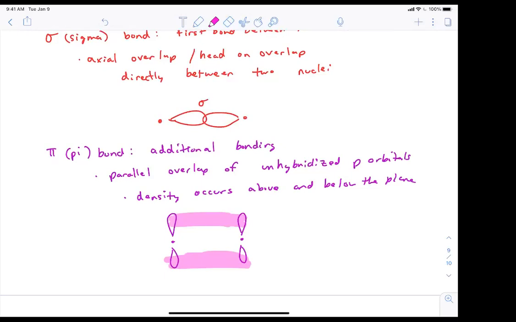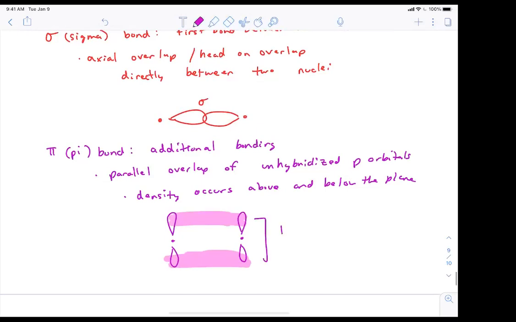So there's an electron density that's above and below the sigma bond that creates one bond. This is one pi bond, by the way. Even though it's two regions, it's still one bond. So know the difference between a sigma and a pi bond.